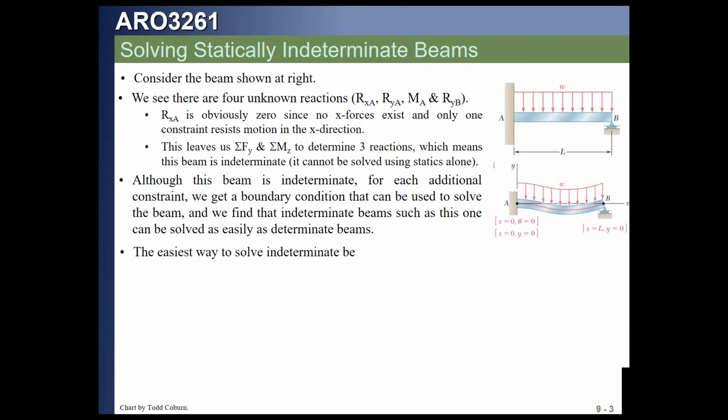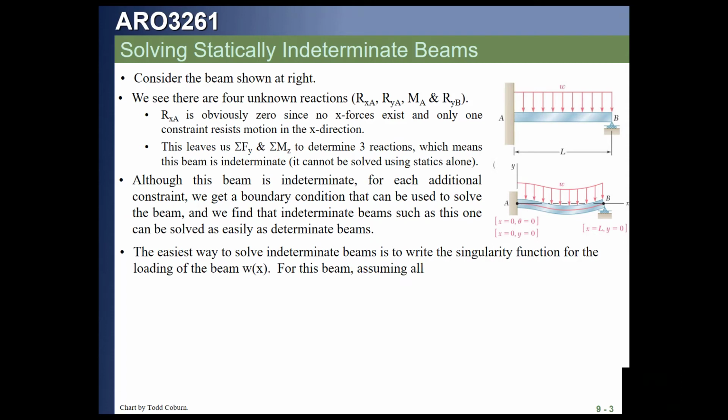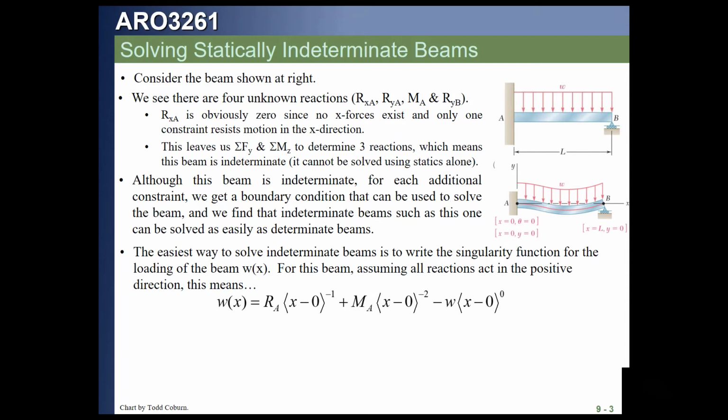We start by writing the singularity function. That's actually the easiest way to solve these kinds of problems because it gives us a single equation that covers all positions on the beam. If we wrote the loading function for this beam, we would pull out our singularity function table. We notice that since we assume that the reaction at A is acting in the positive direction, we find that's a positive magnitude R_A.